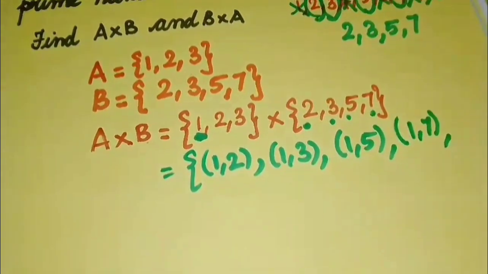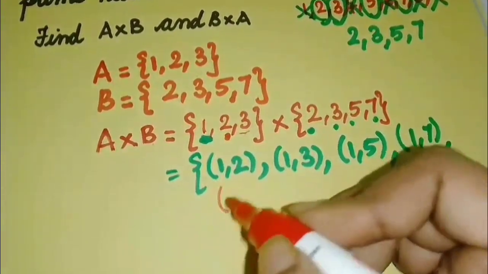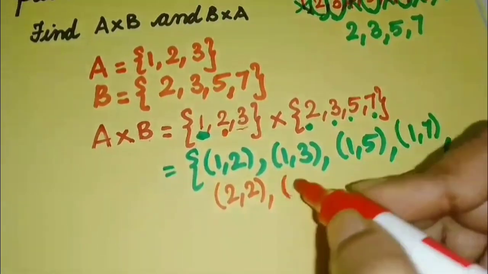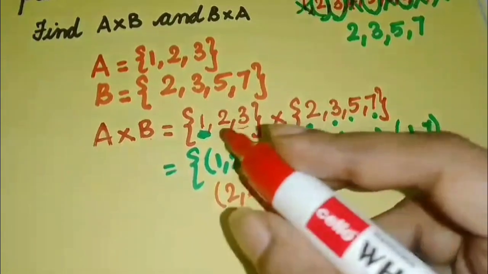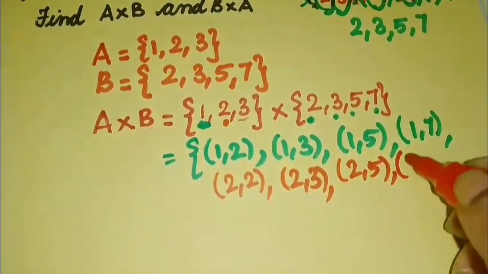Next we are going to pair with 2. So it will be (2, 2), then (2, 3), then (2, 5), then (2, 7).